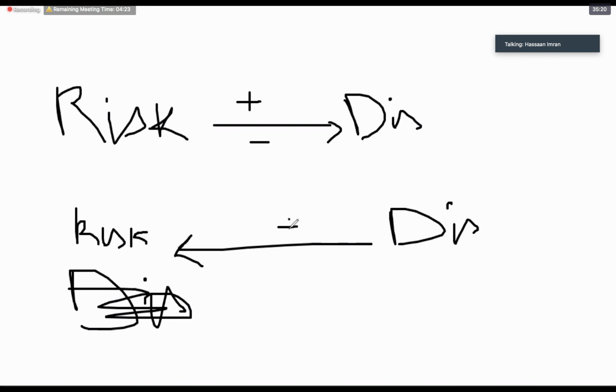Now if the scenario is that we took a start with the risk and we end up at disease, this means we are looking for what? Relative risk. And the study design would be cohort.